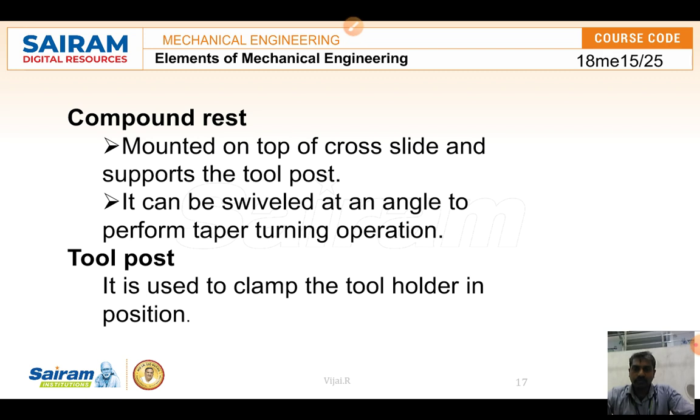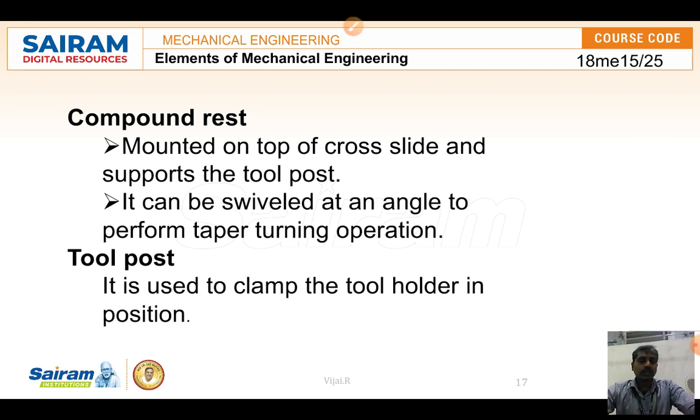Apart from that, the parts present over the carriage are the compound rest and the tool post. The compound rest is mounted over the cross slide and it supports the tool post. The compound rest has a swiveling base.